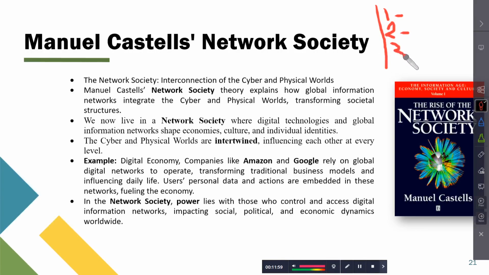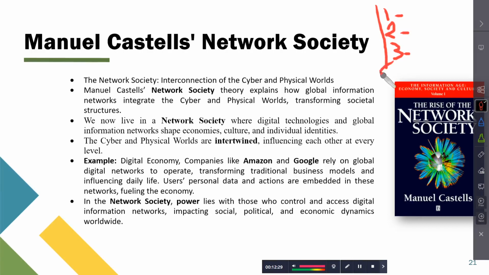Number three, the transformation of space and time. He mentioned that the concepts of physical space and time are redefined by instant global communication. So we can bring the concept of space and time to the virtual environment.